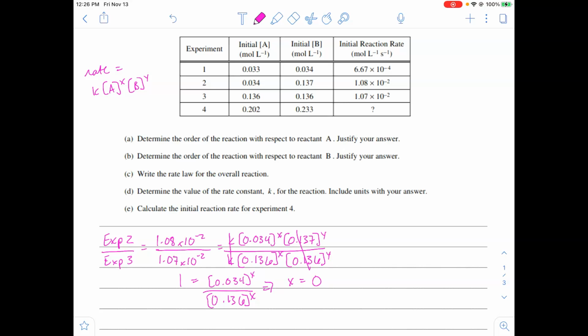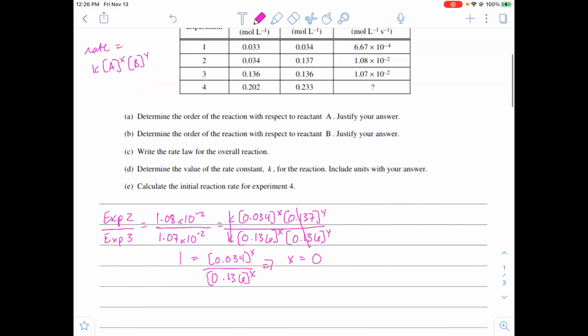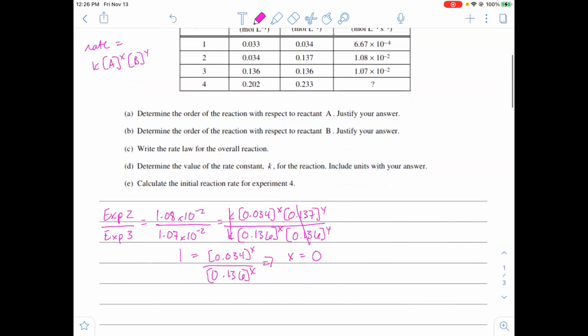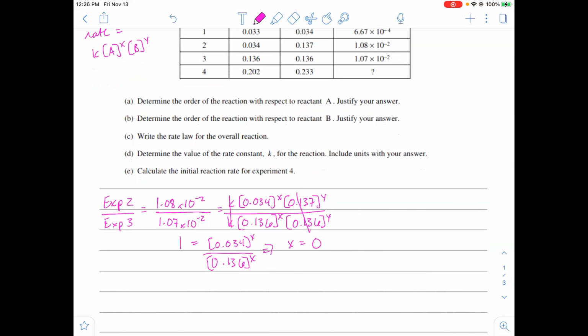Now, part B asks us to determine the order of reaction with respect to reactant B. If we want to compare 2 different reactions, in this case, we're going to compare experiment 1 and experiment 2, because we can then factor out the concentrations of A. So we're going to do experiment 2 compared to experiment 1.